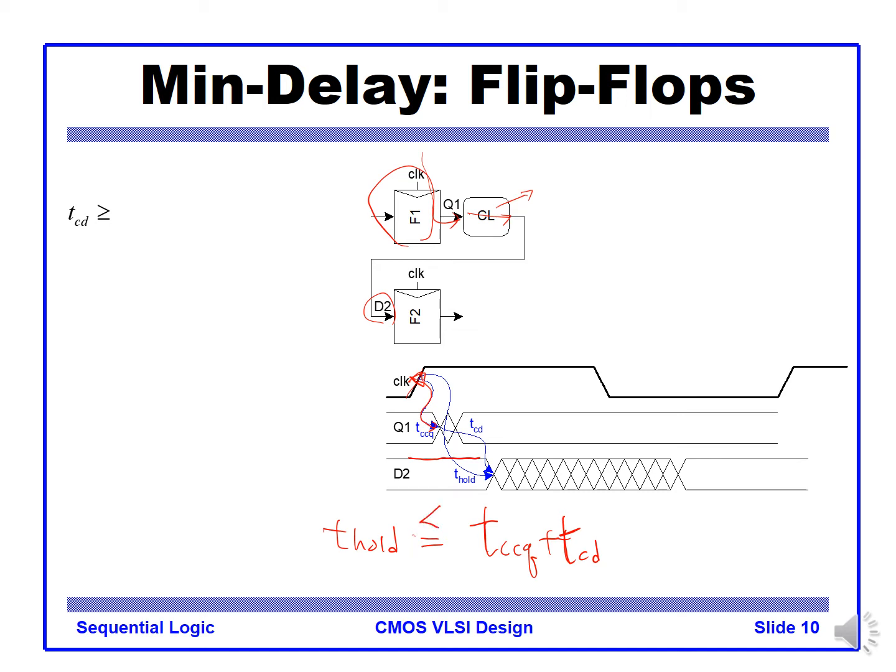So the minimum contamination delay through the combination logic should be defined by T hold minus T clock to Q contamination delay, TCCQ. This is the minimum, the faster delay requirement for the combination logic. So you have to check it out.